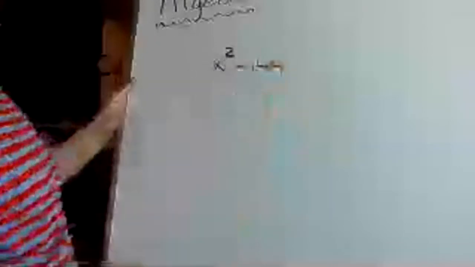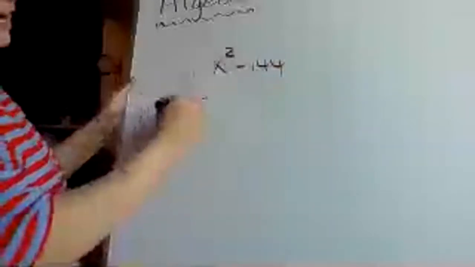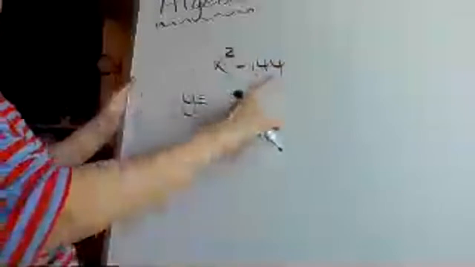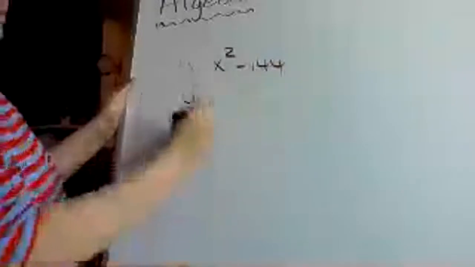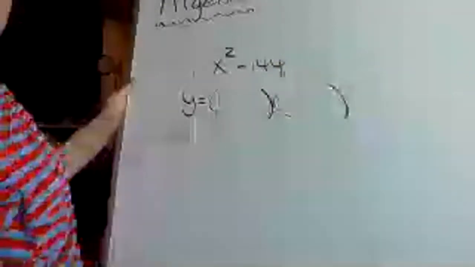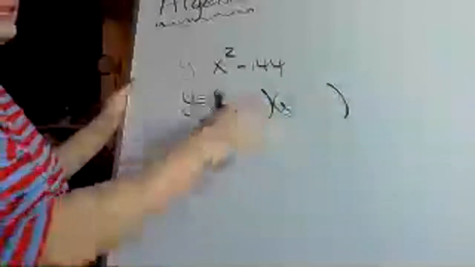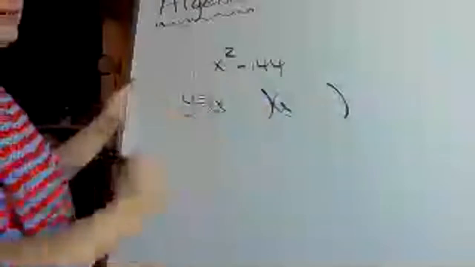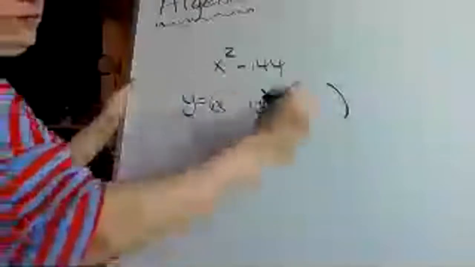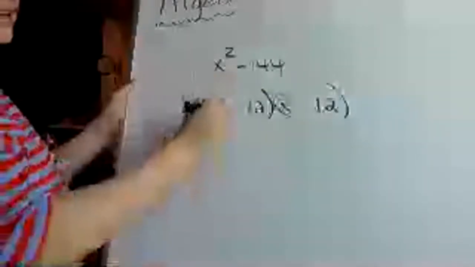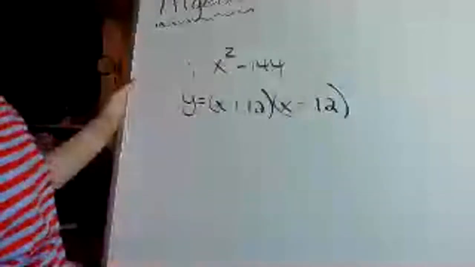So if I had this, the first is the square, the second's the square, and there's a minus sign. So I'd have two sets of parentheses. Take the x, because x times x gets x squared, and what times itself gets 144? 12. How do I get that negative? One's a positive, one's a negative.